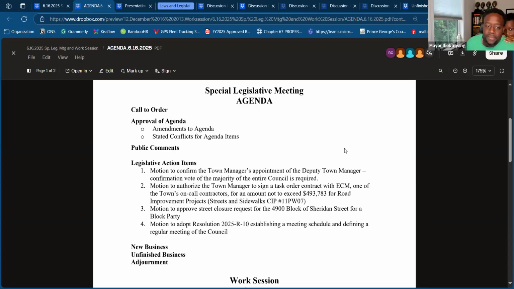Is there a second? Well, do we need a motion first to adopt the agenda for this legislative session? Then comes the amendment to add the item to unfinished business? Because that's normally the order things are done. What's on the agenda after call to order is approval of the agenda, and we're asking for amendments to the agenda.